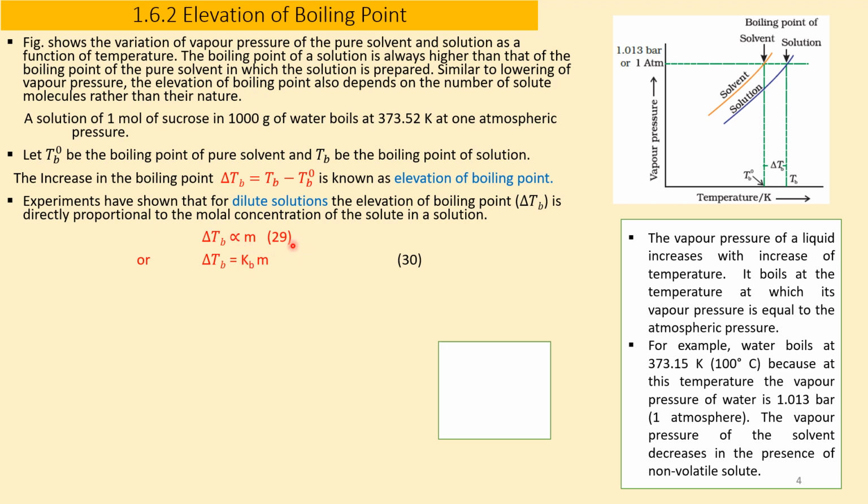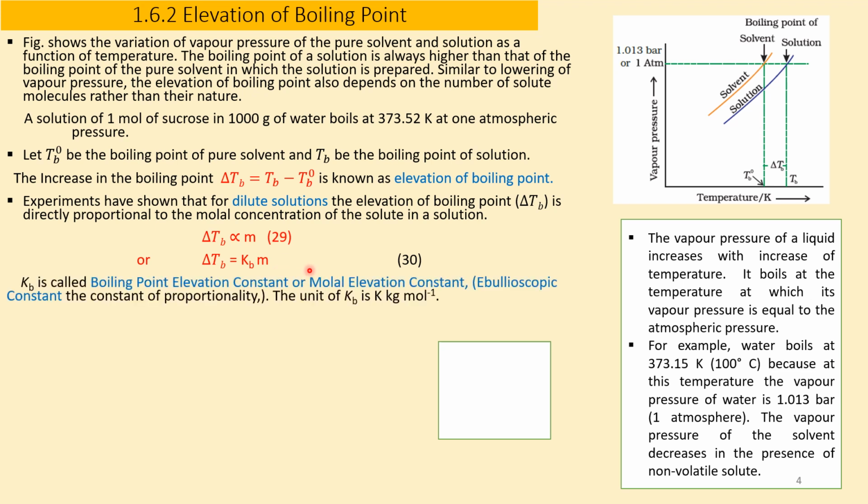Equation 29 can be written as delta Tb is equal to Kb into m, where Kb is the constant of proportionality. Let it be equation 30. Kb is called the boiling point elevation constant, or molal elevation constant, or ebullioscopic constant. The unit of Kb is Kelvin kg per mole.